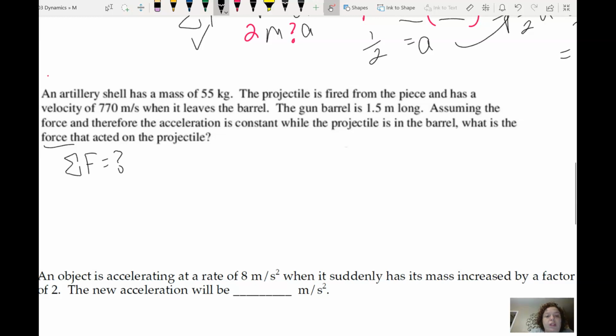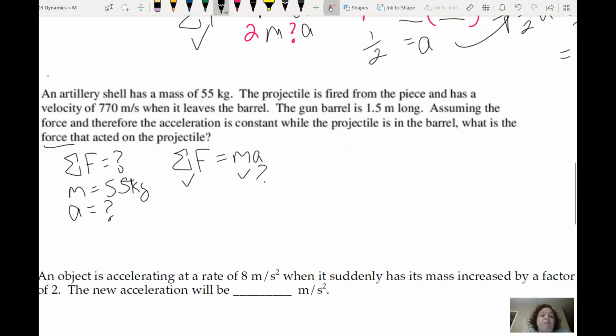We know that net force is equal to mass times acceleration. I have my mass, 55 kilograms, but I don't have my acceleration. So I have to find that.